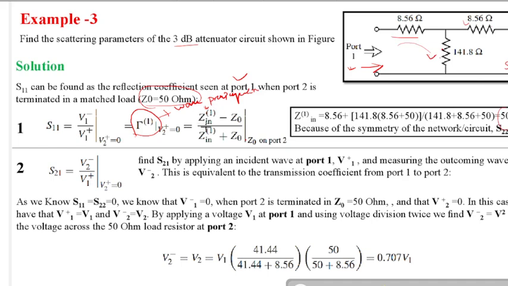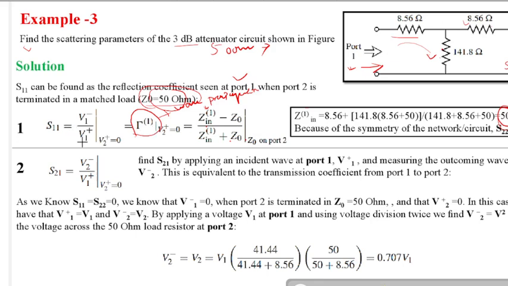Now in this case Zin minus Z0 divided by Zin plus Z0 will be 0. Why? Because this Zin value is coming as 50 and the load is terminated with 50 ohm. Actually, a 50 ohm termination is given there; I forgot to write that point. In this case S11 is equal to 0.